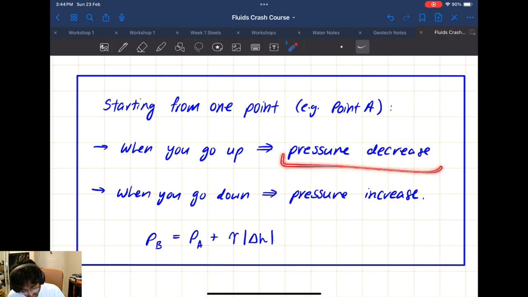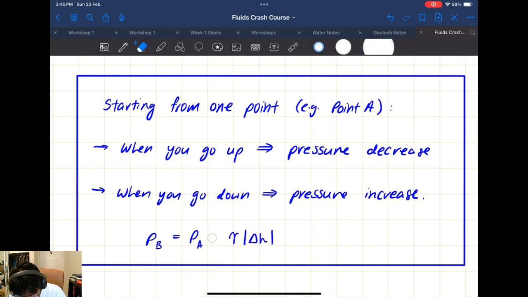So what this really means, the pressure increase and decrease, the only thing that affects is our delta H here. Whenever you increase, you will have a plus, but whenever you decrease, it will become a minus. Alright, so I like to have it as a plus minus.